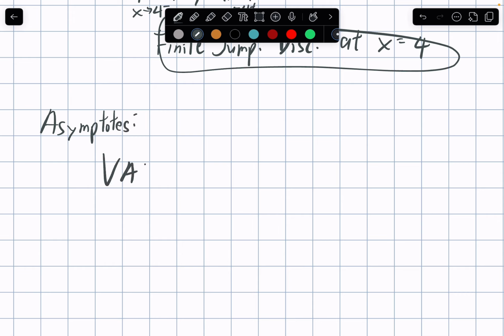So for VA, or vertical asymptote, we already found that out a while ago when we identified what our infinite discontinuity was. So at x is equal to -2, that's where our VA is, since we have an infinite discontinuity there.